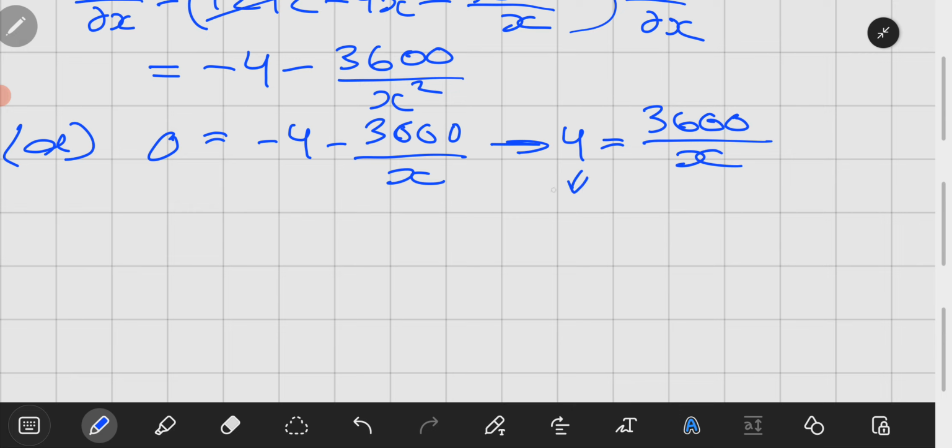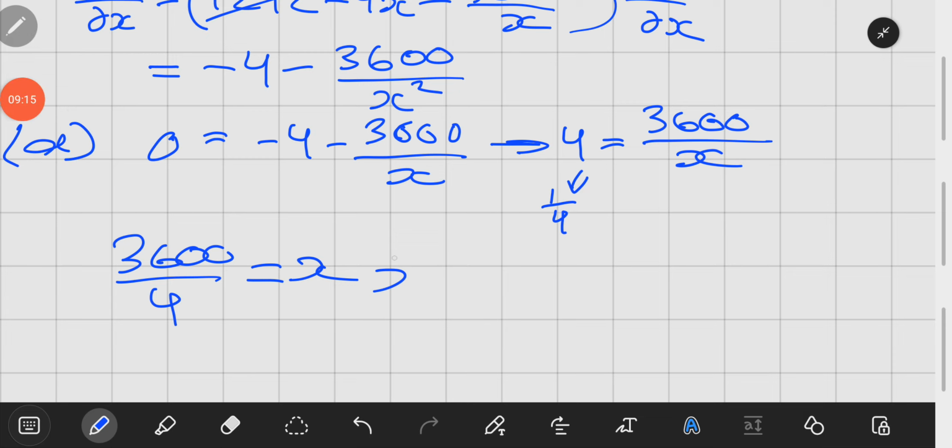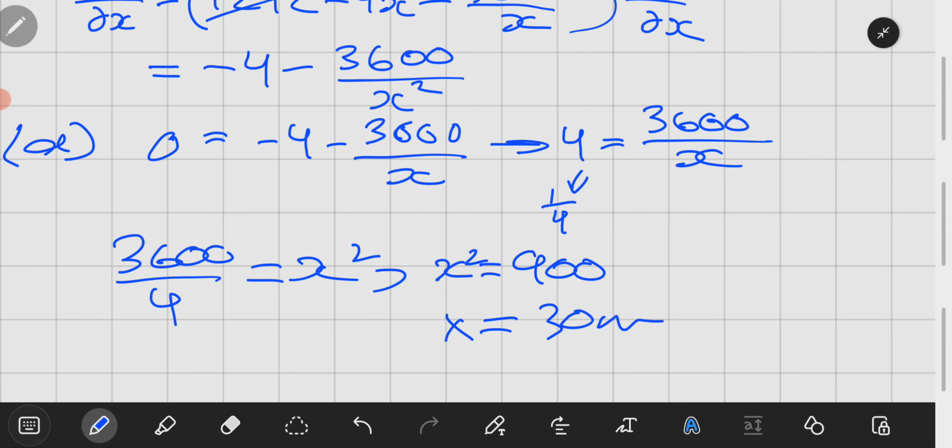So this will turn into 1 over 4, and the other side will also be inverted. Then we get 3600 over 4 is equal to x squared. We can't forget that the x was squared. x squared is equal to 900, and when we take the square root of both sides, x is equal to 30 meters. And that's our answer for question D.